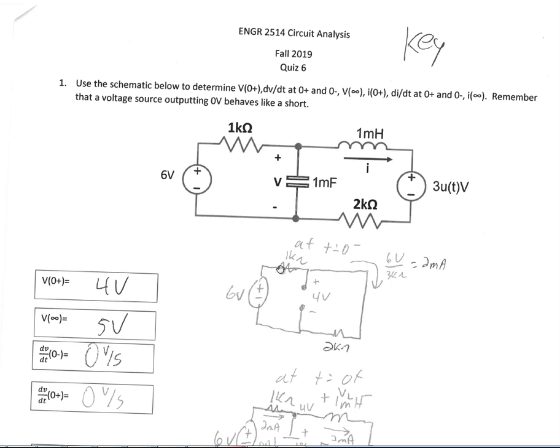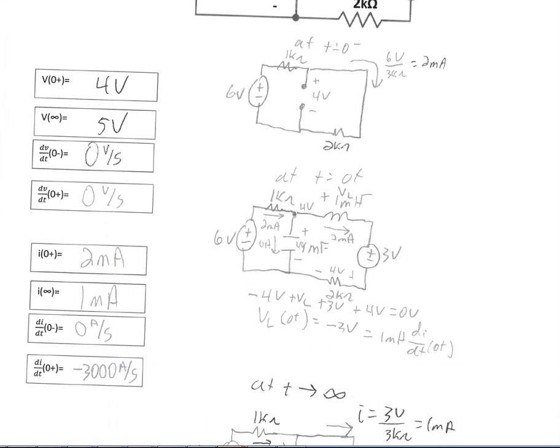That is the current through the inductor at t equals 0 minus, and we know, based on the properties of inductors, that inductors do not instantaneously change current as t would go from 0 minus to 0 plus, so our initial condition for our current also must be 2 milliamps. So those are our initial conditions that we have for the voltage.